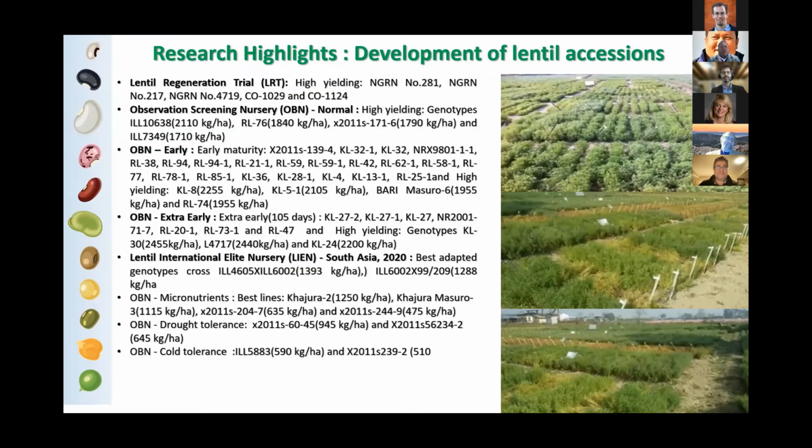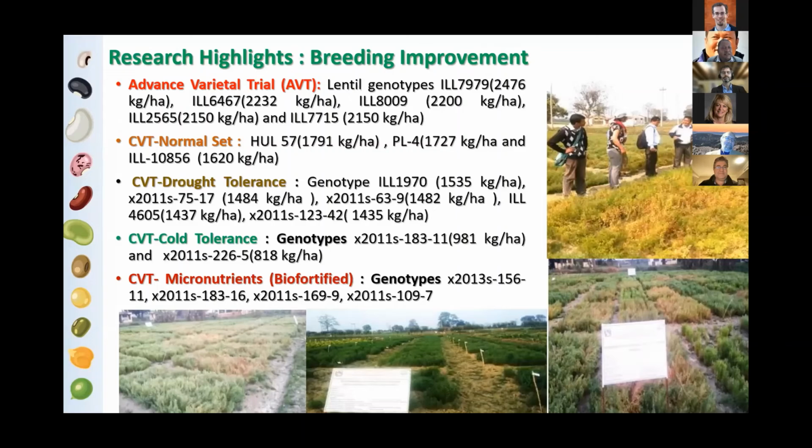And this is how we develop the lentil accessions. At this time I would like to show the number of research trials from screening for different purposes. Next. Also, I see multi-location trials with some outputs for drought tolerance, cold tolerance, and micronutrients.